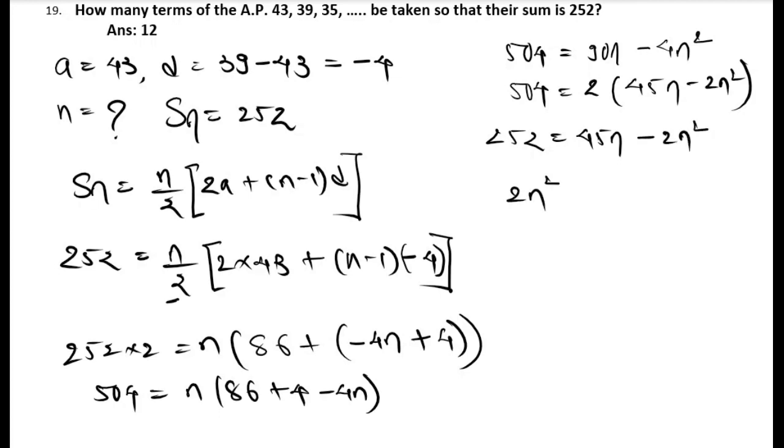or 2n square minus 45n plus 252 is equal to 0. Right, so what I'm going to do is 252 into 2.